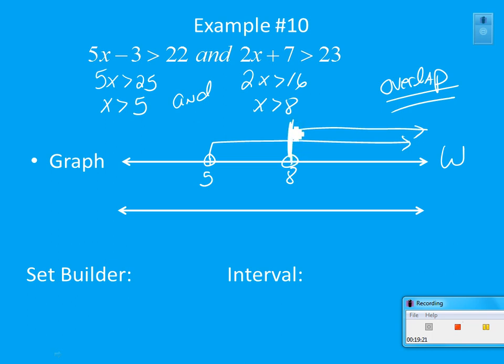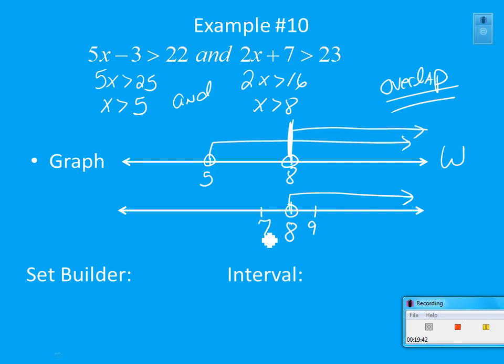So on your answer, that's what I'm going to show. 8, open dot, everything to the right. Hey, notice that I did not even list the 5. It's not part of my answer, so I don't want it on my graph. I will put an integer to the right of 8, which is 9, and to the left of 8, which is 7.